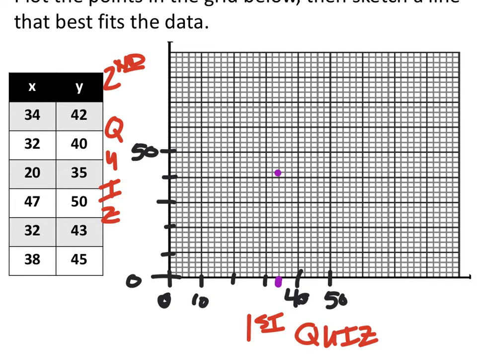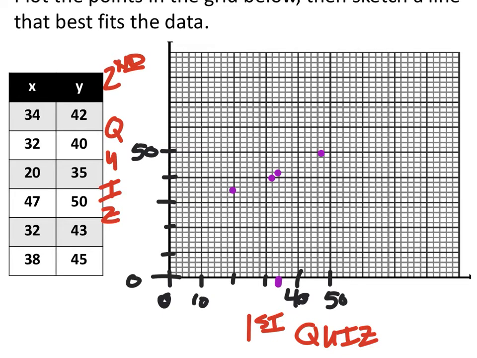And then I got 32, 40. So 32 and 40, I think right there. Yeah, it seems right. And then 20, 35, there's 20, and then 35 would be right in the middle there. And then 47, 50. So 48 and then 50. Yeah, about right there, something like that.